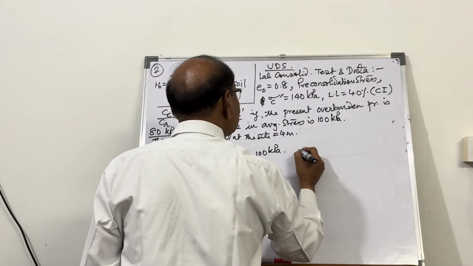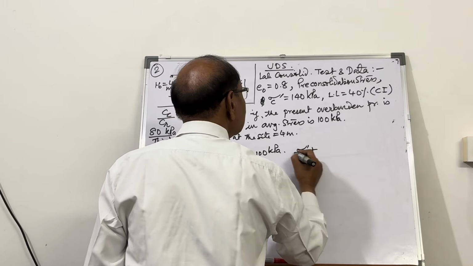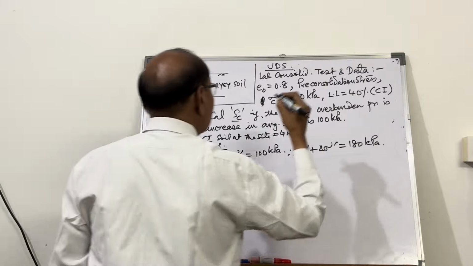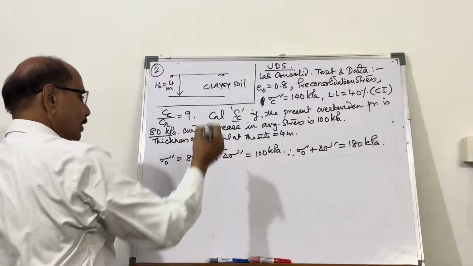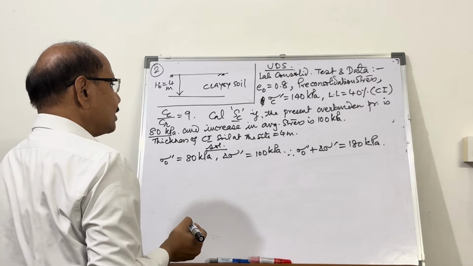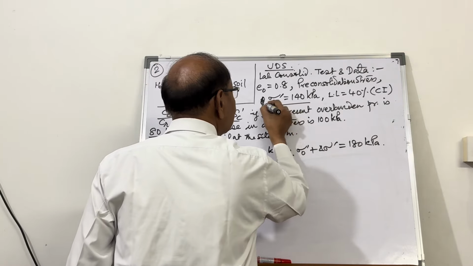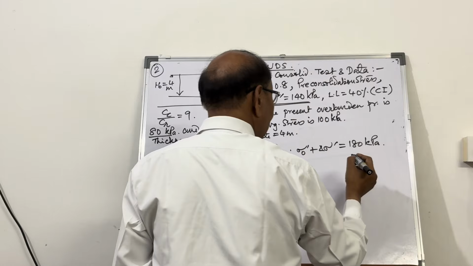So what is the total pressure? Sigma naught prime plus delta sigma prime becomes 180 kilopascal. So on this particular layer, this sigma naught prime plus delta sigma prime is going. Now what is the pre-consolidation pressure? The pre-consolidation pressure is here 140 kilopascal.